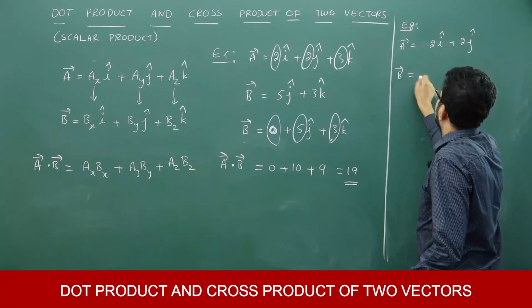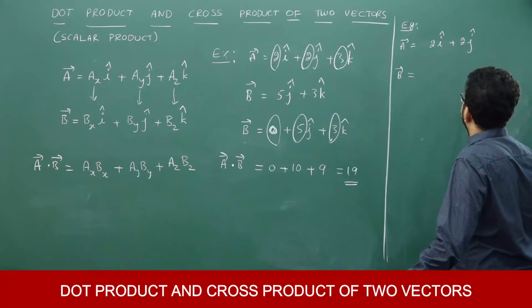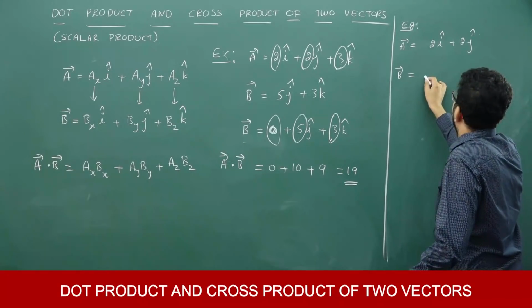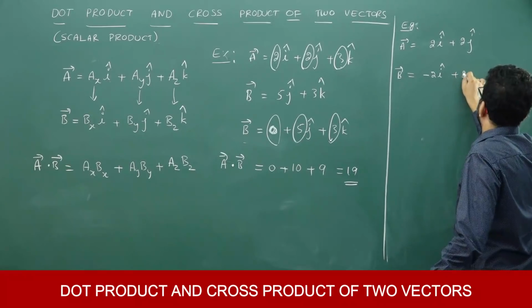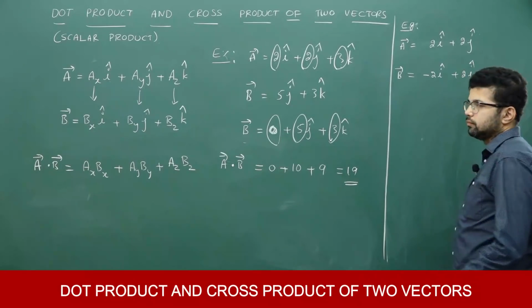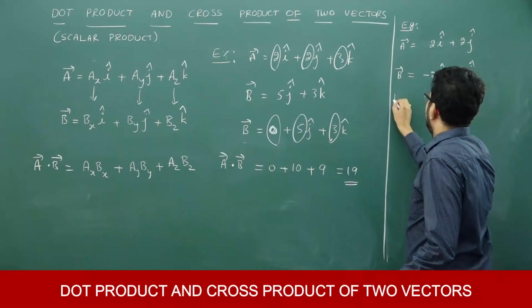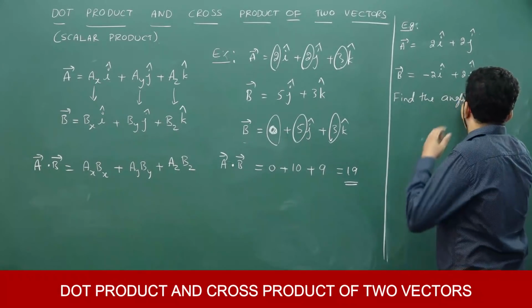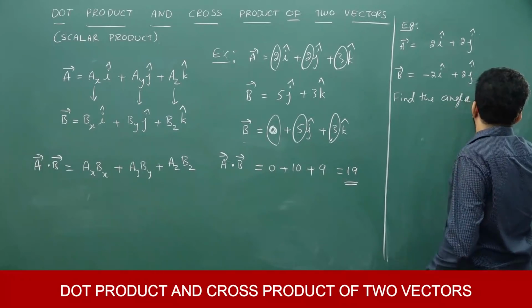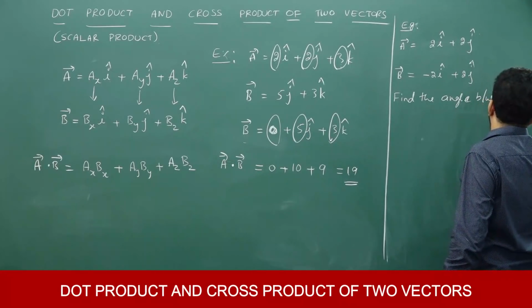Vector B is given by minus 2i cap plus 2j cap. Find the angle between vector A and vector B.